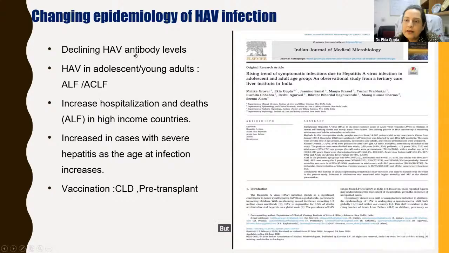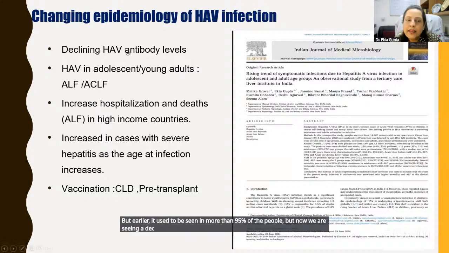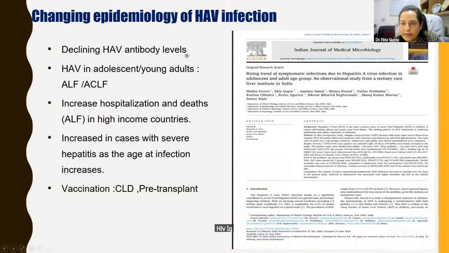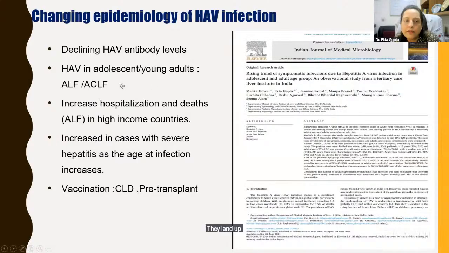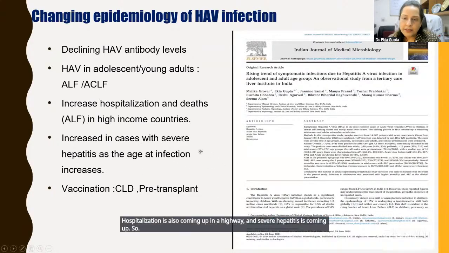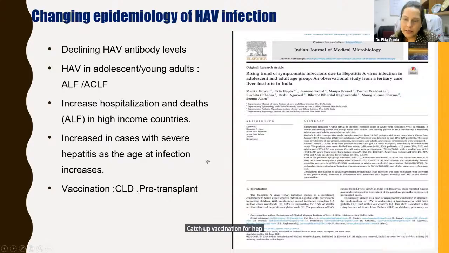Earlier, it used to be seen in more than 95% of the people, but now we are seeing declining HAV IgG levels in adults. And that is why once they acquire infection in their adolescent or adult age group, they land up in a severe form of hepatitis, usually as ALF and ACLF. Hospitalization is also going up, and severe hepatitis is coming up. So catch-up vaccination for hepatitis A is needed.